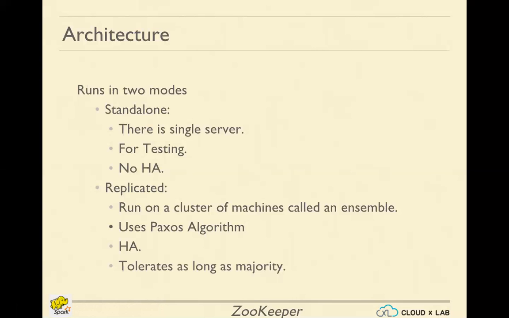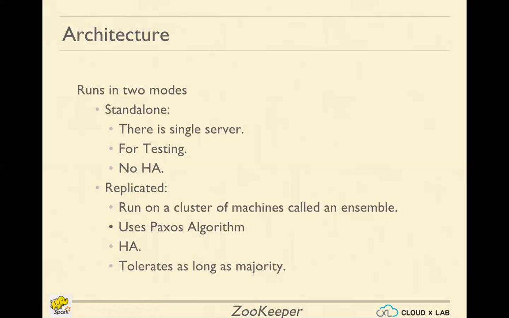So Zookeeper has two ways of operating. One is standalone, other is replicated. Standalone is basically running it on one machine, which is not really practical and nobody runs it that way.